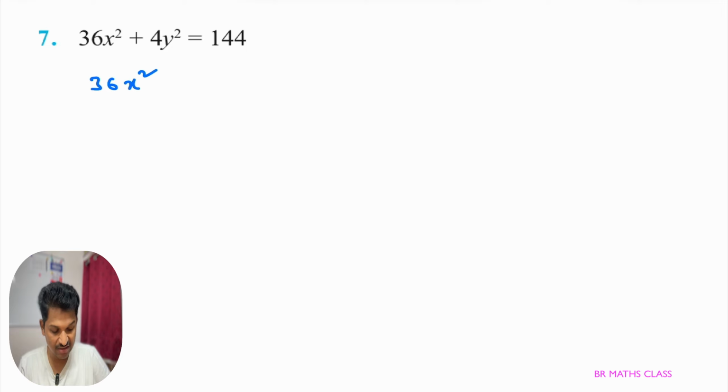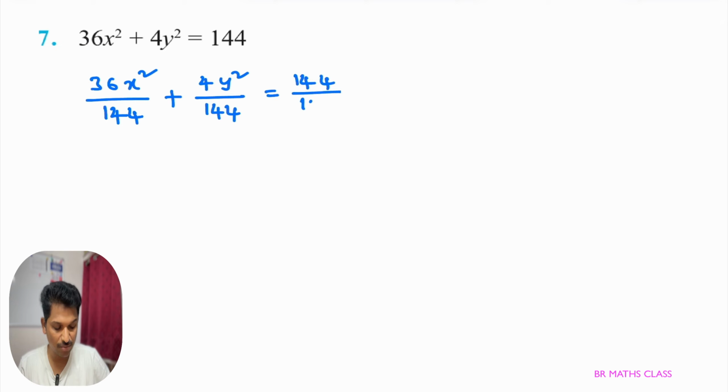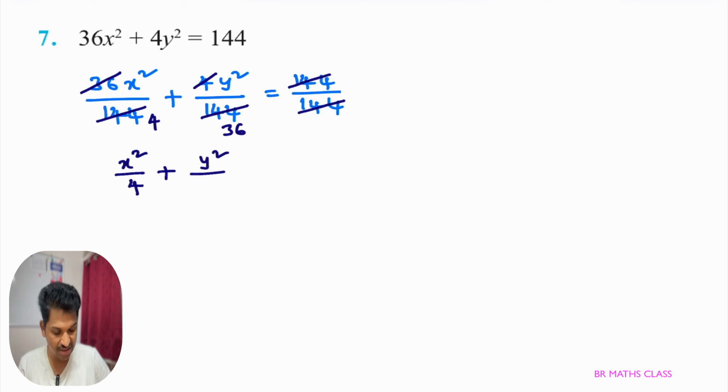See here, 36 x square divided by 144 plus 4y square divided by 144 equal to 144 divided by 144. 36 in 144, 4 times, 36 4s are 144, and 4 in 144, 36 times, and this 144 will get cancelled. So what did you get here? You got x square divided by 4 plus y square divided by 36 equal to 1, right?